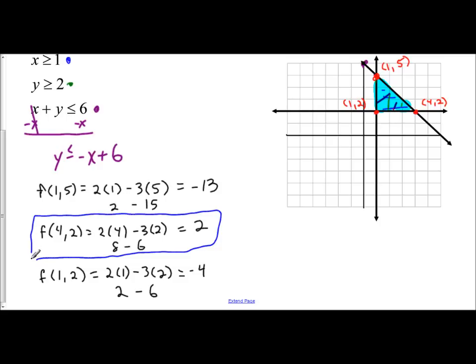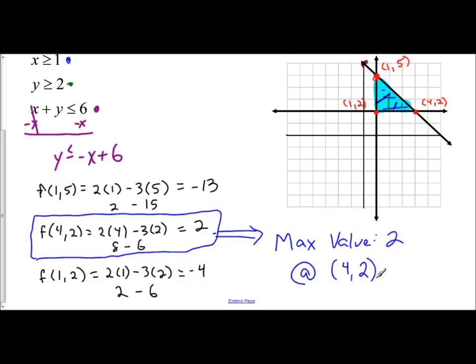My largest value, we'll write it like this: there is a max value of 2, and that occurs at the vertex (4, 2). That is the solution, the answer to this problem.